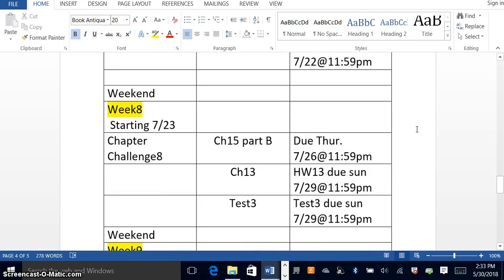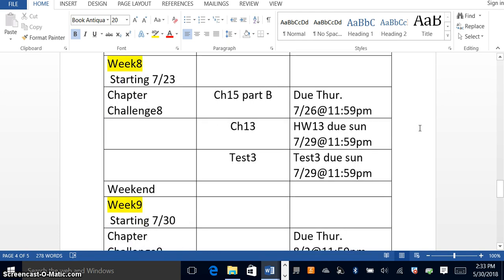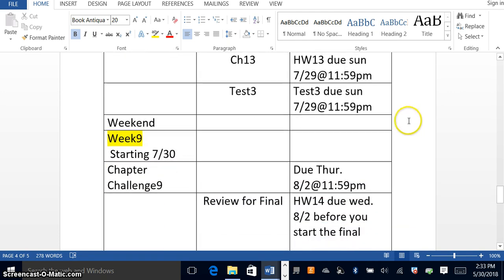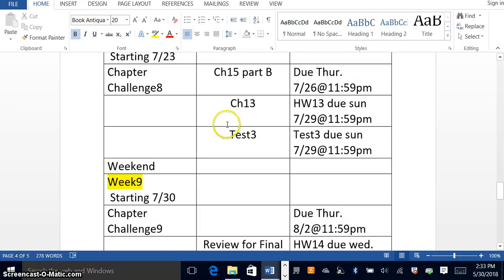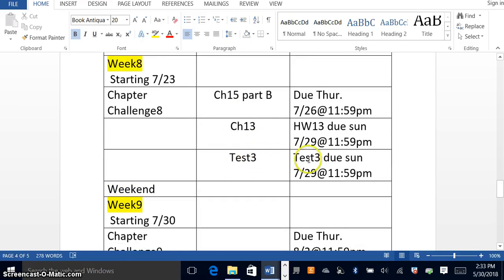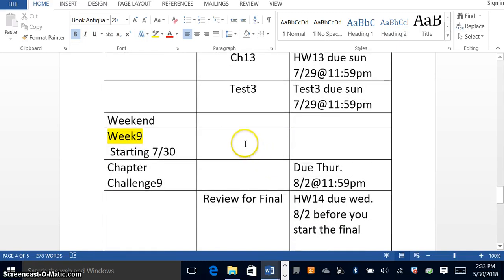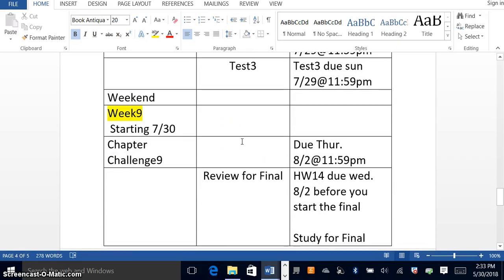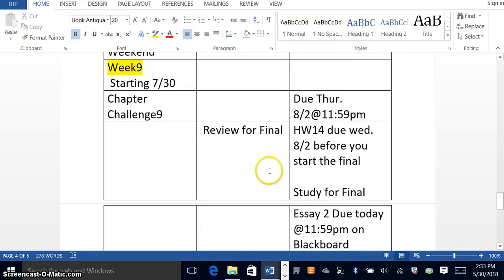We're getting towards the end of the Summer B session, and so we'll have test 3, which I guess is due the 29th of July, and then we get into the last week. We'll have our last chapter challenge, and then the final exam, and also essay 2.